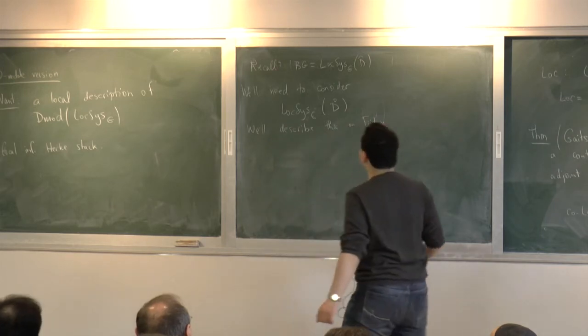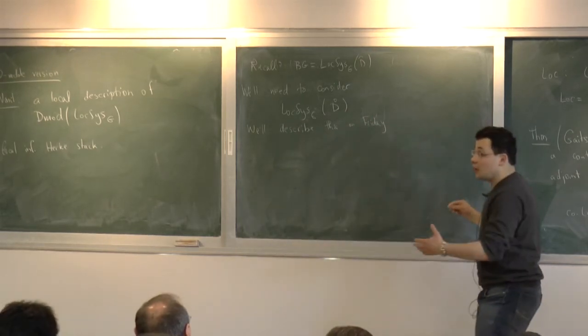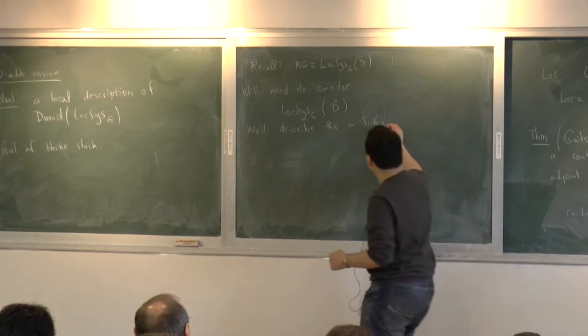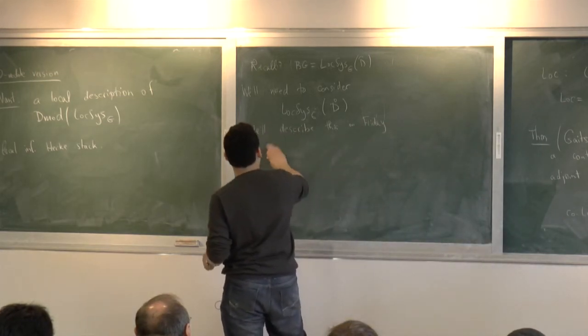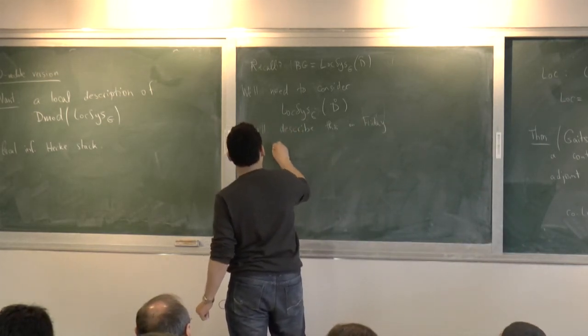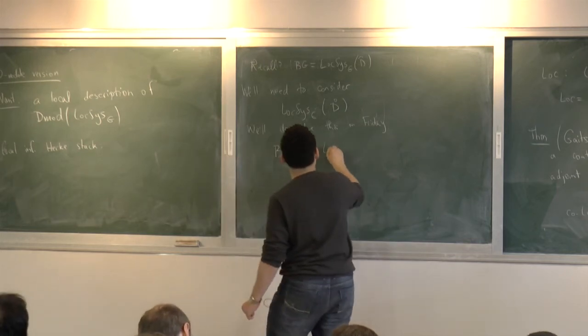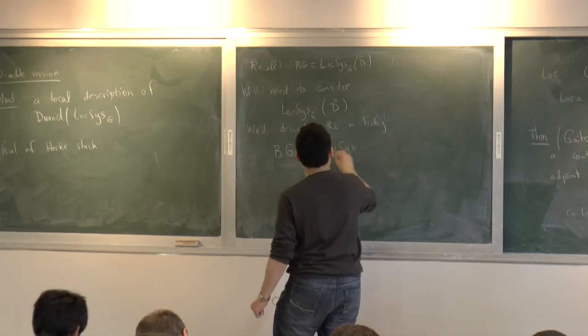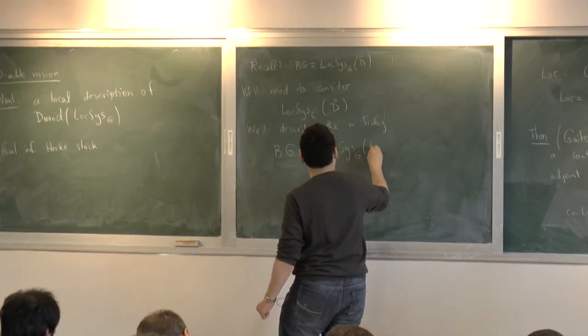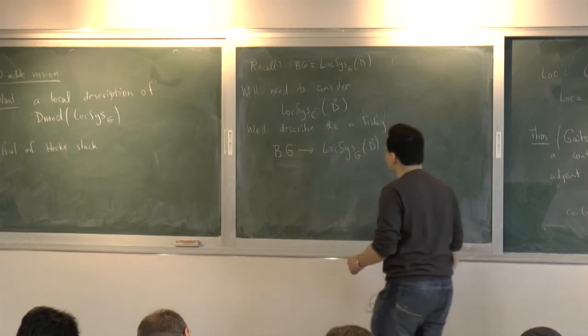I won't actually need very much about this other than its existence and some very mild formal properties. There's obviously a natural map from BG to local systems on the formal disk, just the same restriction map.